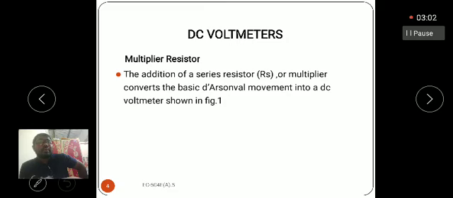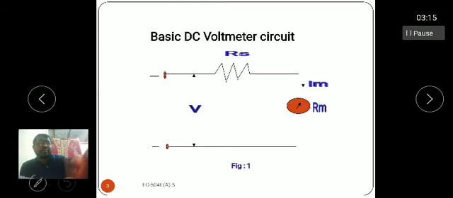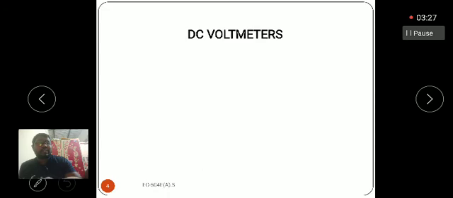When we connect the series resistor to the D'Arsonval movement, we get the DC voltmeter. The figure shows the main part of the DC voltmeter. The D'Arsonval movement is connected in series to Rs, the multiplier resistor, and then we get the DC voltmeter.